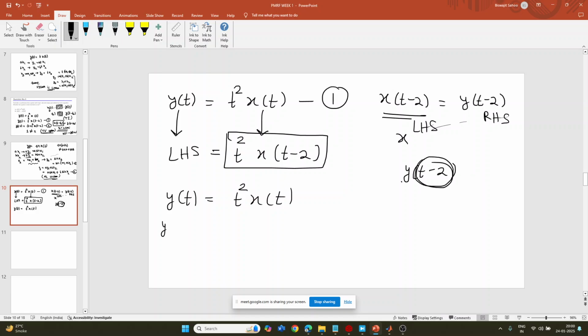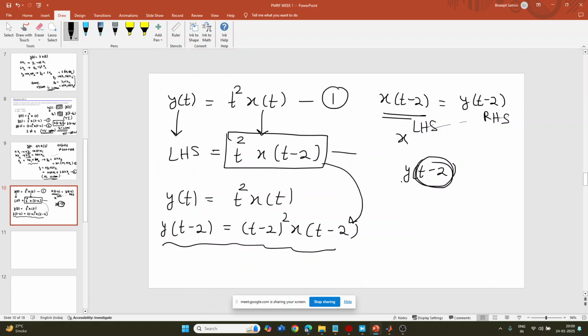Now this is the delay in the output and this is the delay in the input. Are the left hand side and the right hand side equal? No. So that's why it is a time variant system.